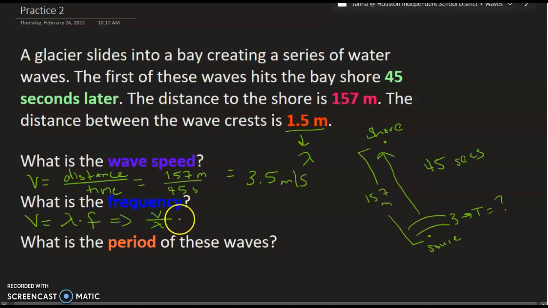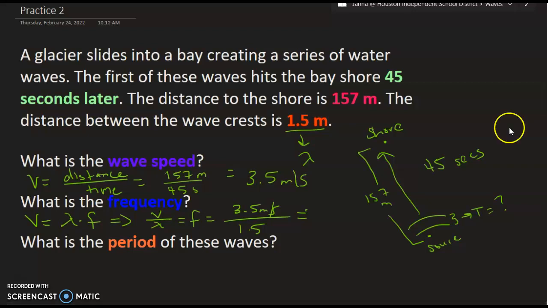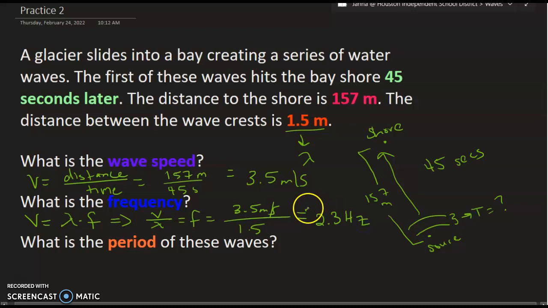V over lambda will give us frequency, 3.5 meters per second over lambda, which is 1.5. This gives us a value of 2.3 hertz, or 2.3 seconds to the negative 1. Box these in.